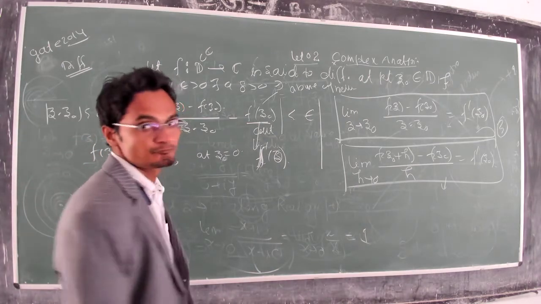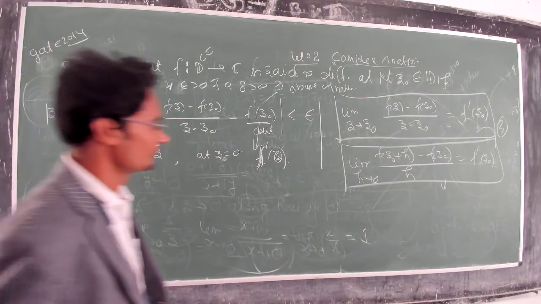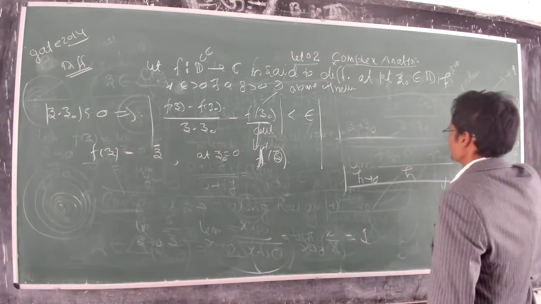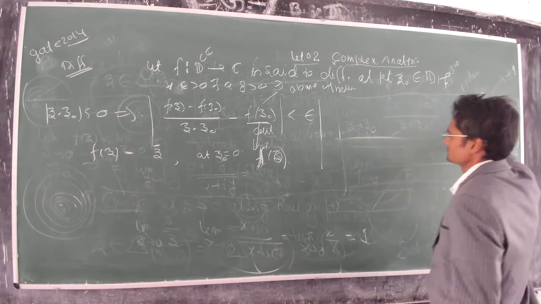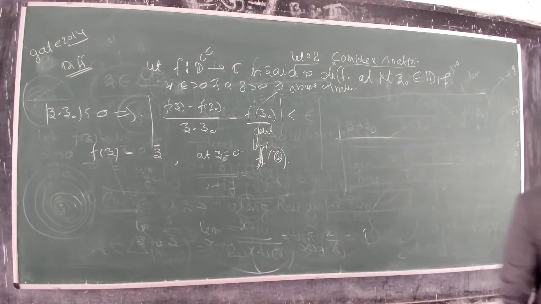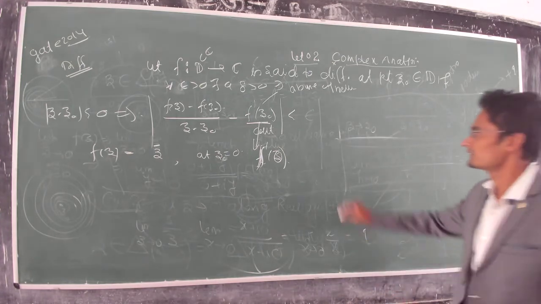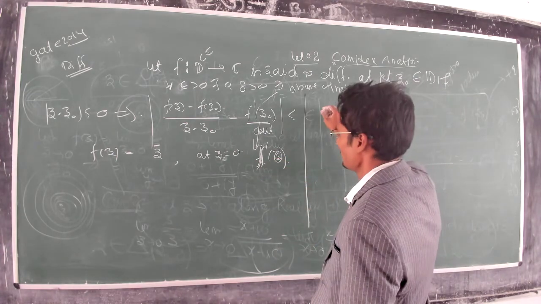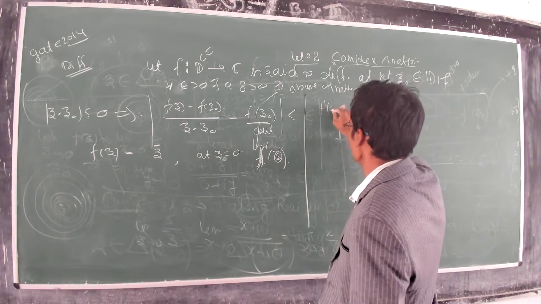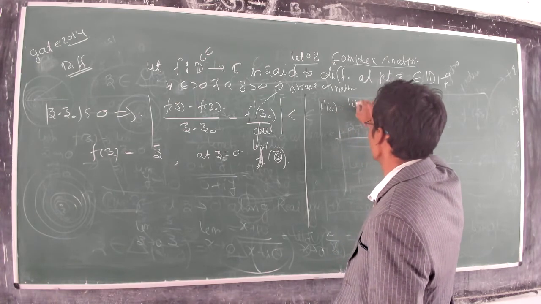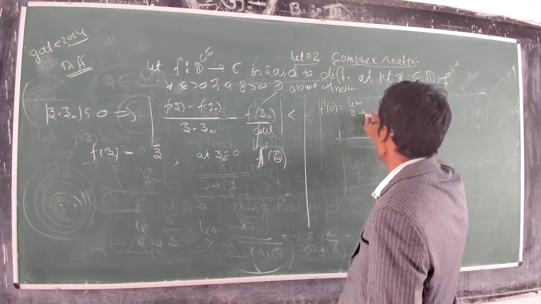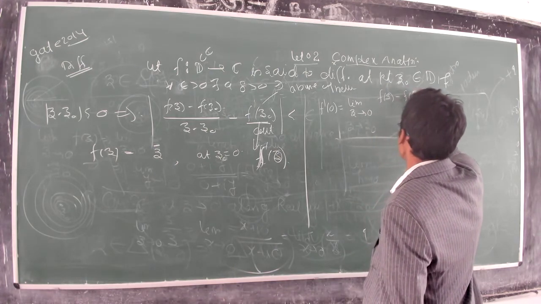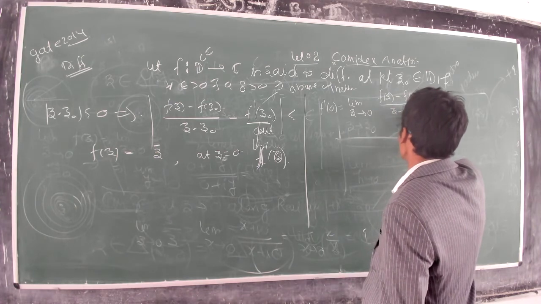Okay. So let us calculate. So f dash 0 will be limit z tending to 0 of f of z minus f of 0 upon z minus 0.